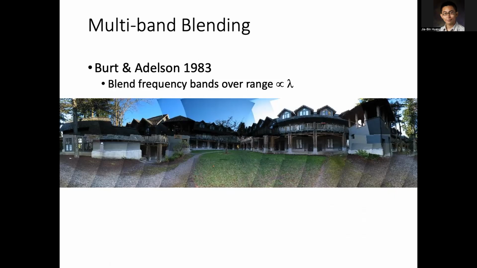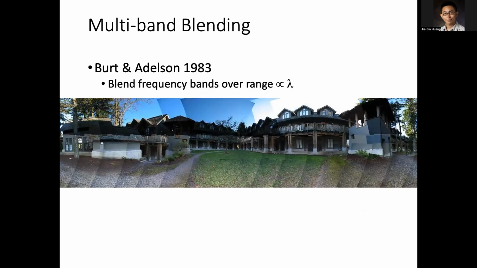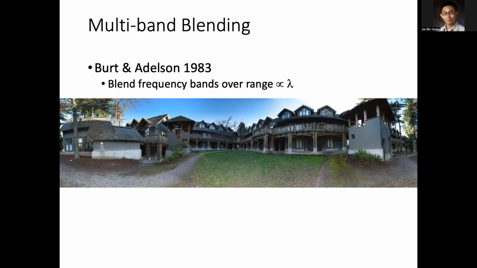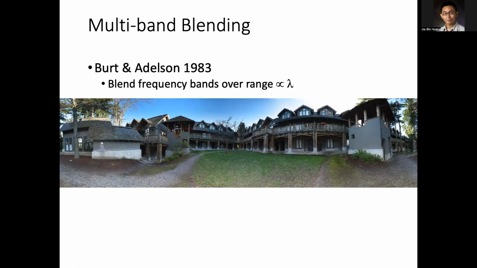When you apply this in image blending, here's the before and after. Initially you can see a very clear seam, but if you blend the low frequency components slowly and add the high frequency components sharply, you get something like this. You can see a very clear difference, and this is very close to the actual output.